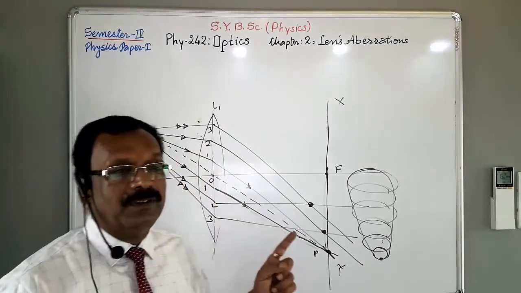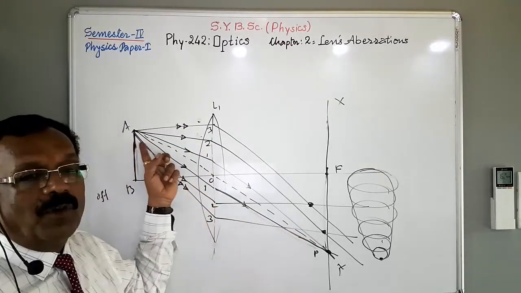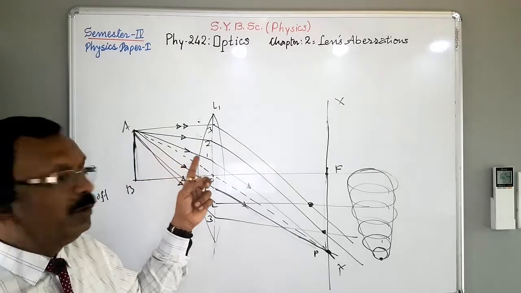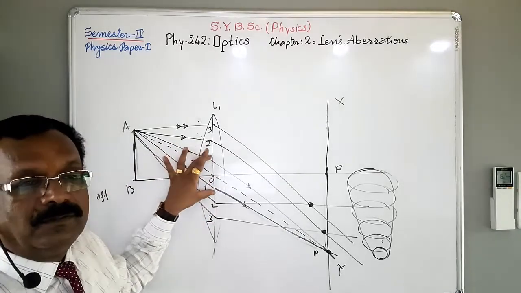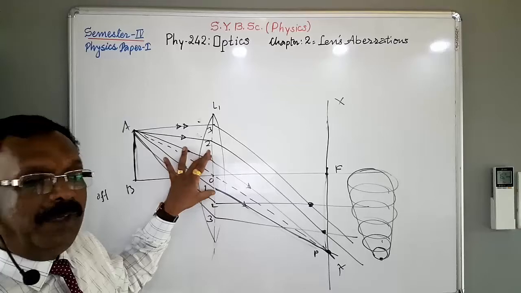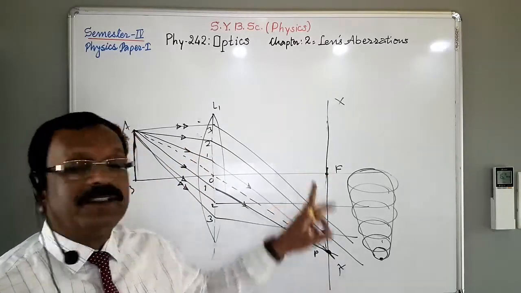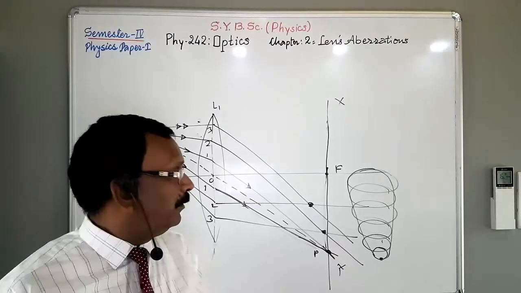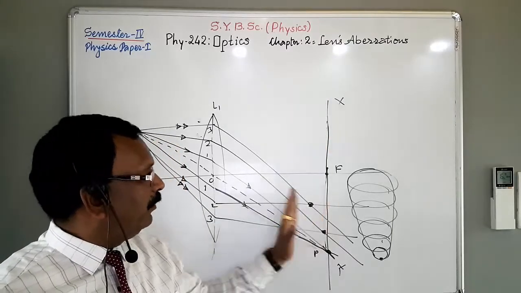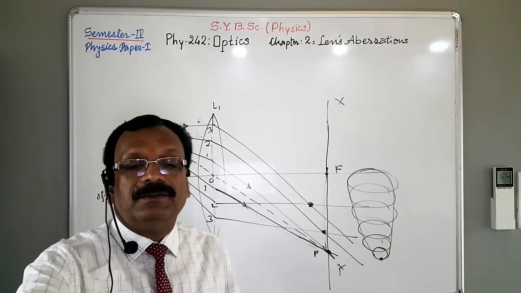The rays of light originating from A, passing through the zone limited by 1 and 1, meet on the screen at point P after refraction. The screen XY, remember, is perpendicular to the principal axis.